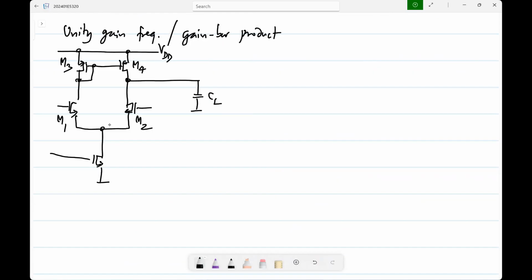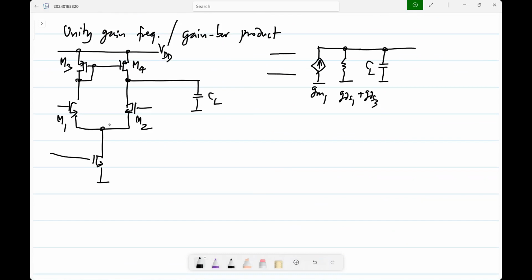So you have the capacitance anyway, right? And the incremental equivalent is... so what is omega u in this case?